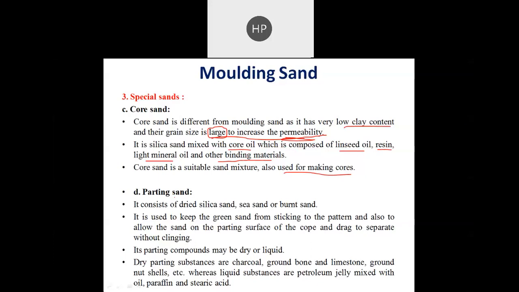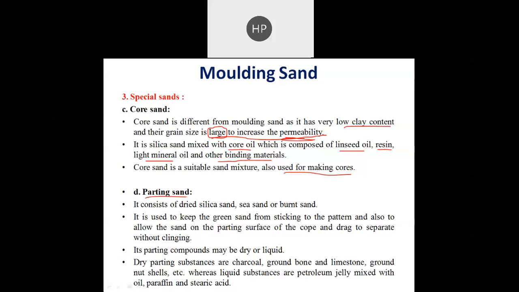Then next one is parting sand. We have seen the video on that one. When one mold box is put on another mold box, to keep the mold boxes separated, we have seen that they sprinkle certain powders.